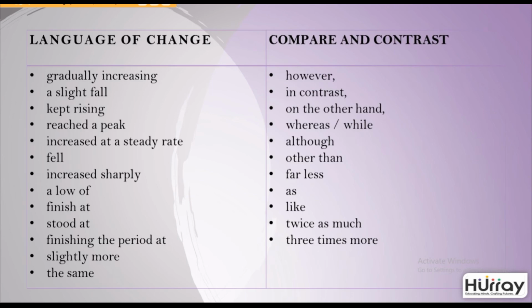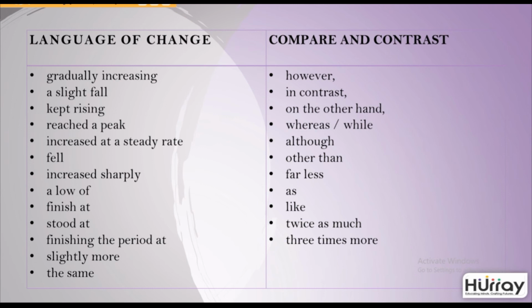Now, to do this task properly and accurately, as mentioned before, you must use good vocabulary and relevant vocabulary. So using words that denote change or that denote comparison and contrast will definitely give you an edge in the writing test. For example, on the left you can see language of change.